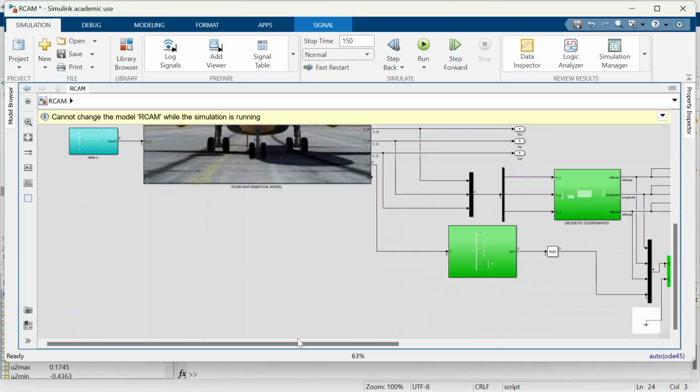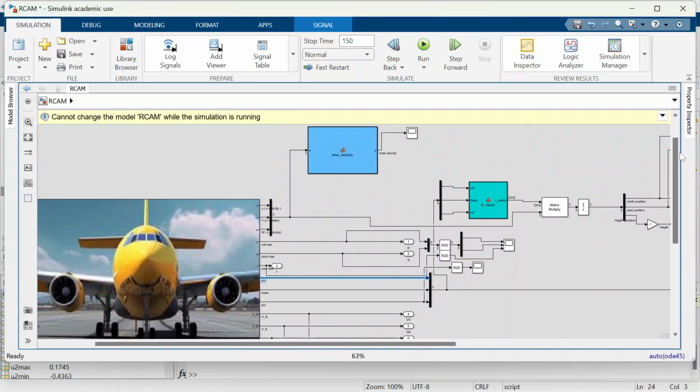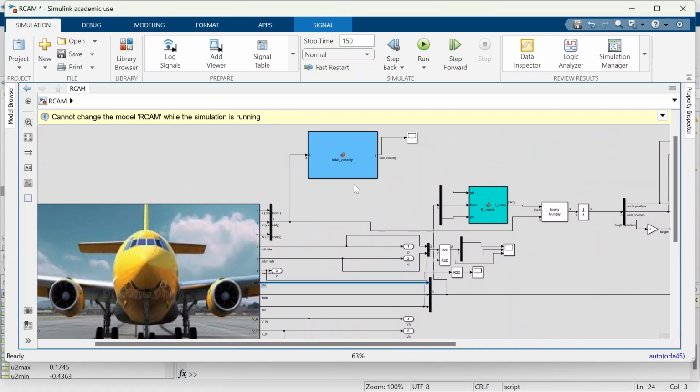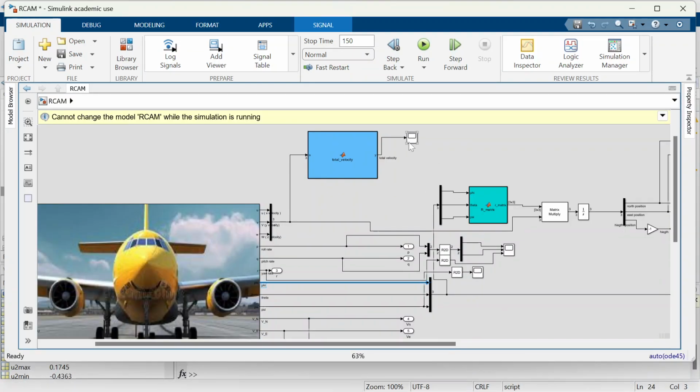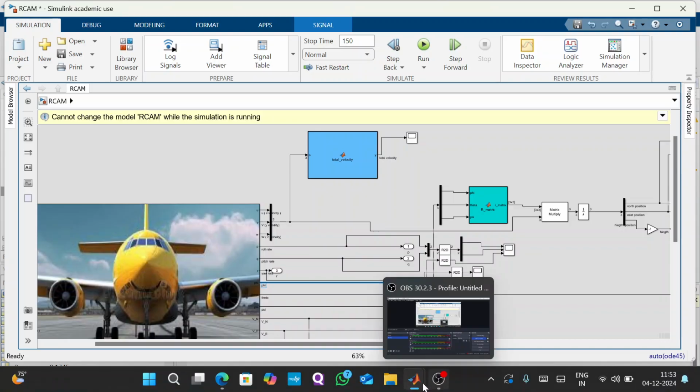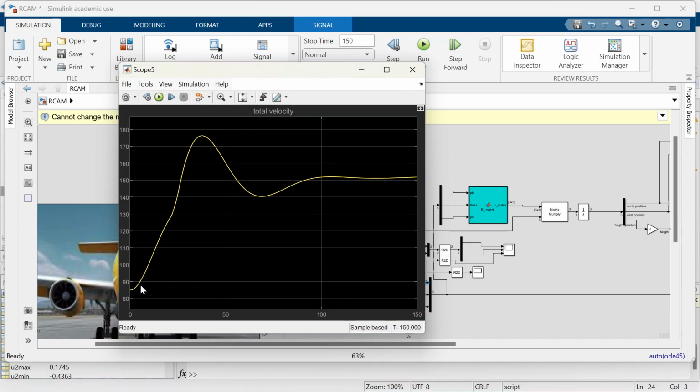So to see the velocity, I've given a scope over here, which is scope 5. After we run, we get the maximum velocity.